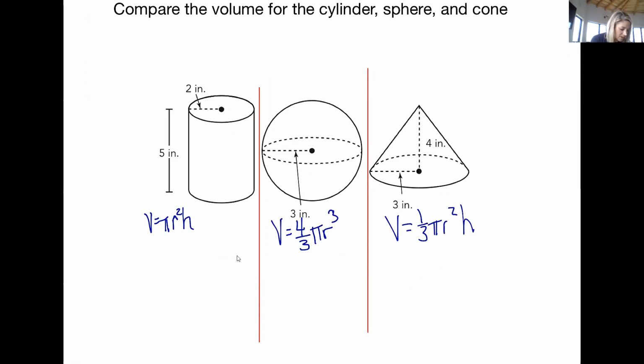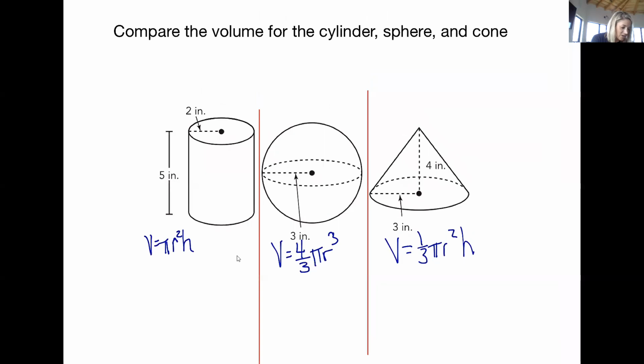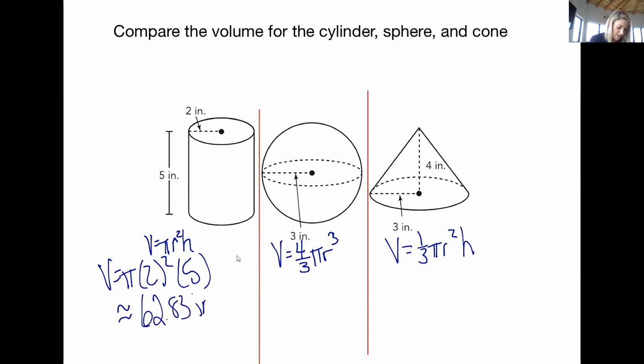I'm going to substitute in V equals pi times the radius, which is 2 squared, times the height. Those are given to me. And that calculation ends up being right around 62.83, and I'm going to make sure I include my units, which is inches cubed.